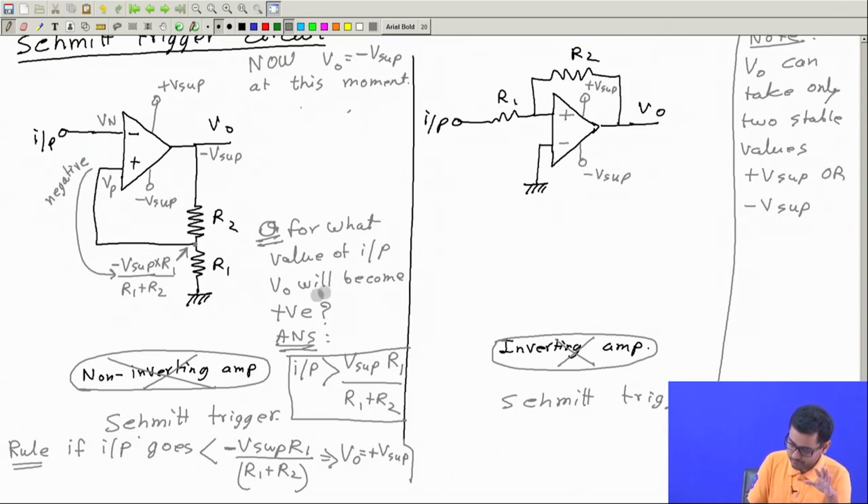So, for what value of input it will become positive, and the answer is input has to go below this value. So, this is the boundary value or transition value of the input when both V n and V p are equal, and then if you decrease input further, then output will be positive.